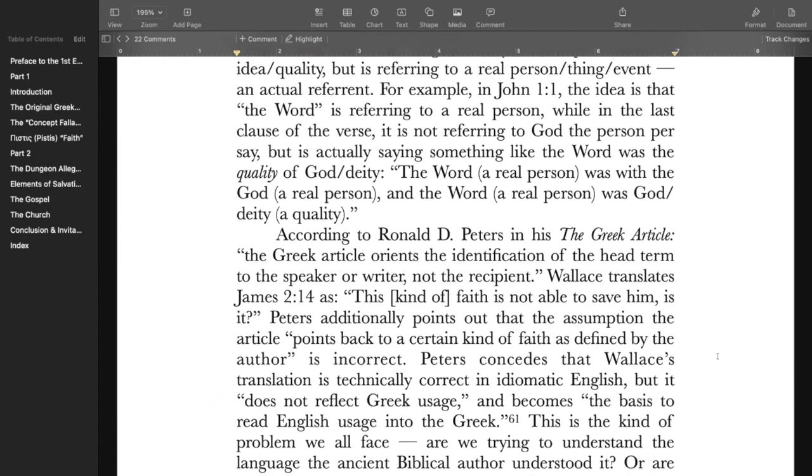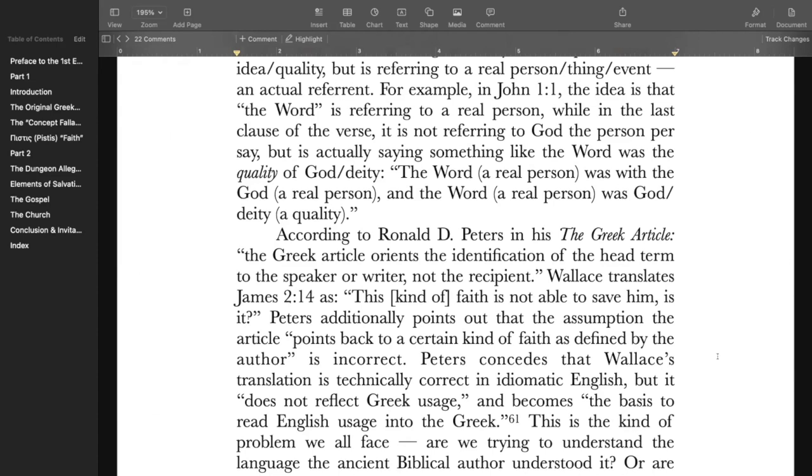So, in English, there's actually no corresponding translation for that specific Greek article, because there's no specific English particle that actually substantizes a concept.